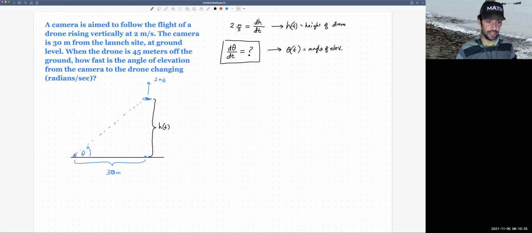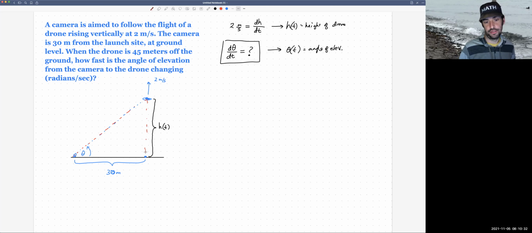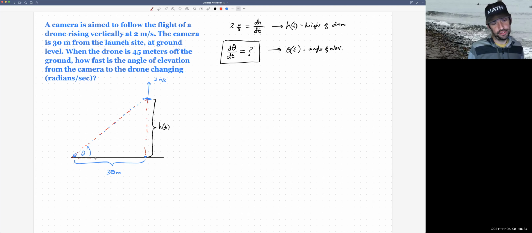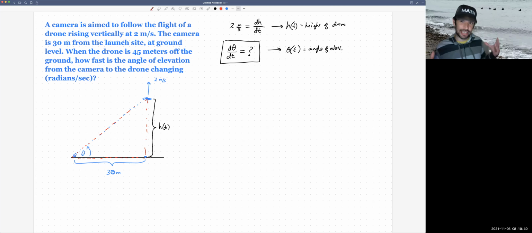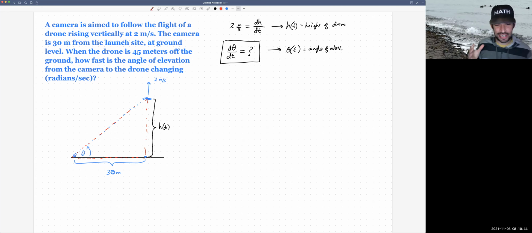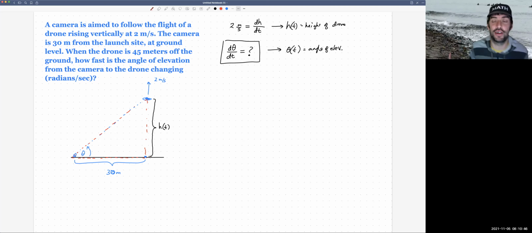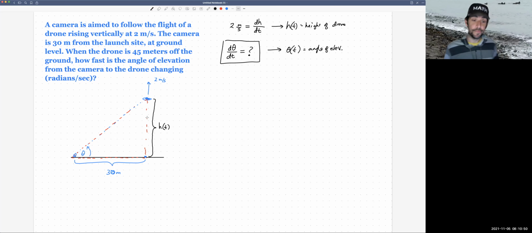If I look at my drawing, I'll highlight it in red. There's a nice triangle sitting right here. And I'm asking a question about the angle. I'm actually asking about its derivative, but I'm going to start with just the function itself. So I've got an angle that I'm interested in, and I've got a triangle. So trigonometry seems like an obvious place to go.